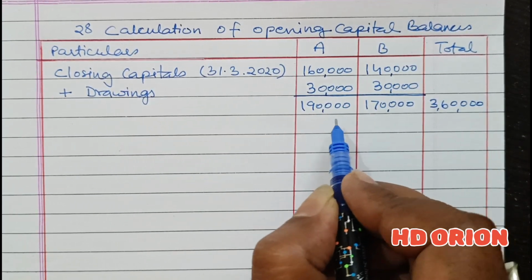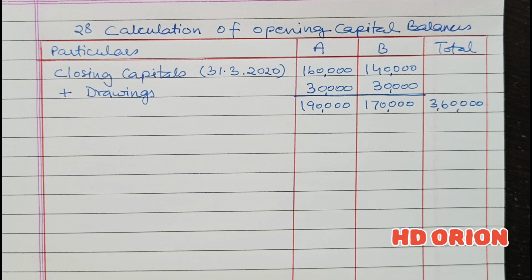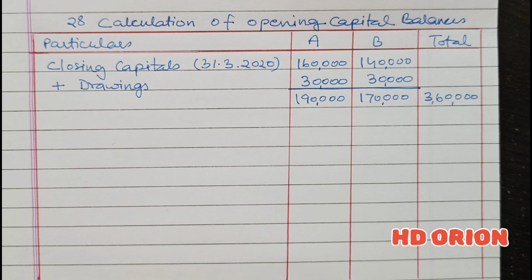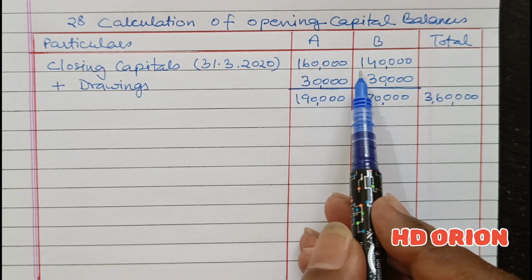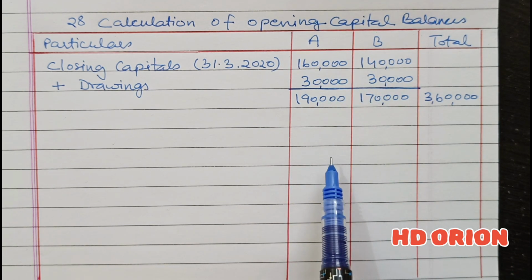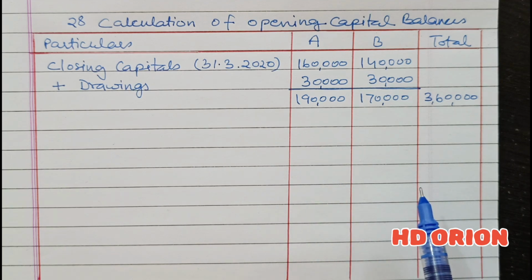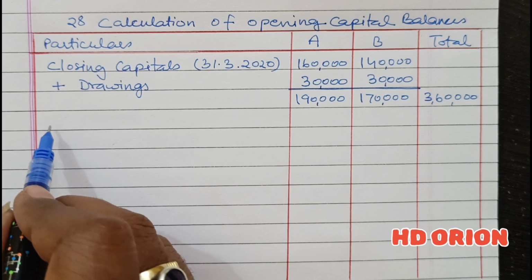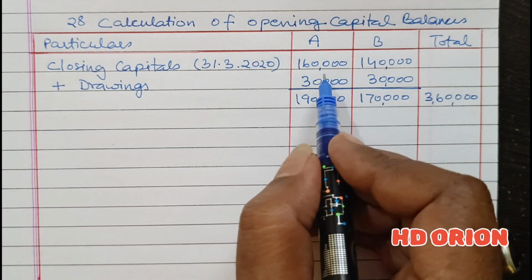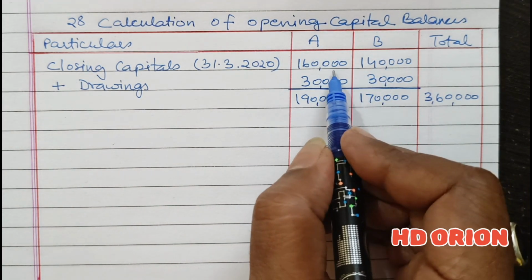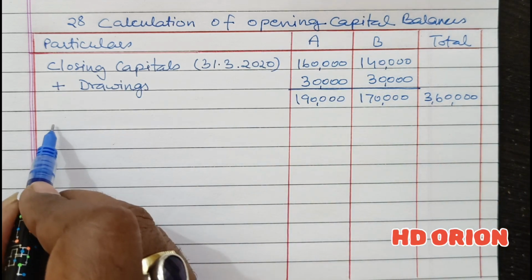Now, what else has been given to the partners is interest on capital, and also profit. In arriving at this closing balance, profit has been given to the partners and interest on capital has also been provided. So one by one we will have to eliminate it because it has already been added here or provided to the partners, and therefore we will deduct it now.